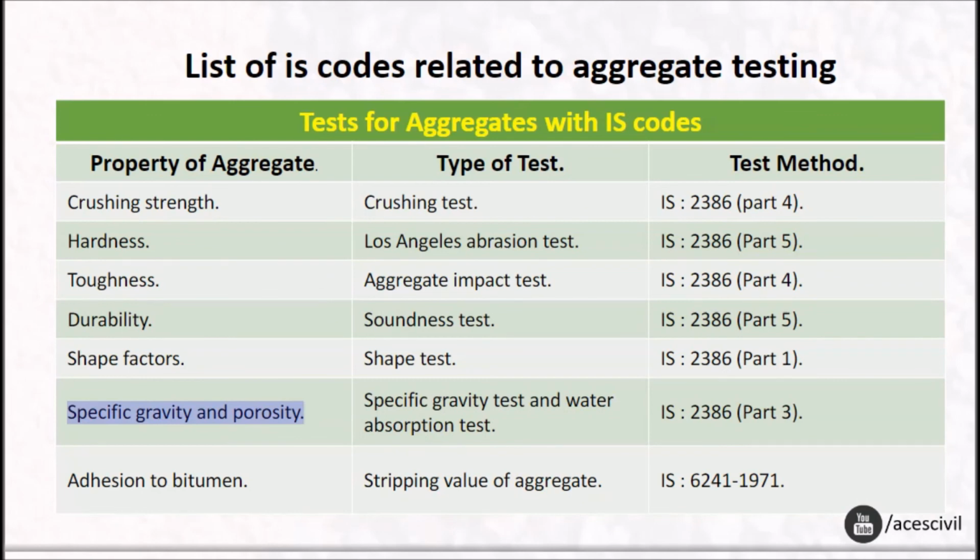Specific gravity and porosity: specific gravity test and water absorption test is IS 2386, Part 3. Adhesion to bitumen: stripping value of aggregate is IS 6241 of 1971.